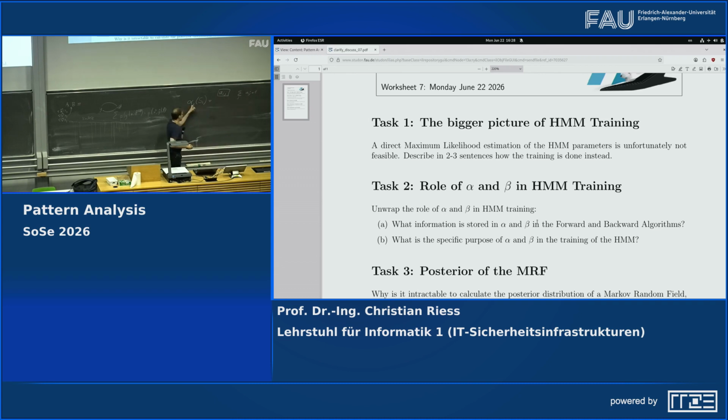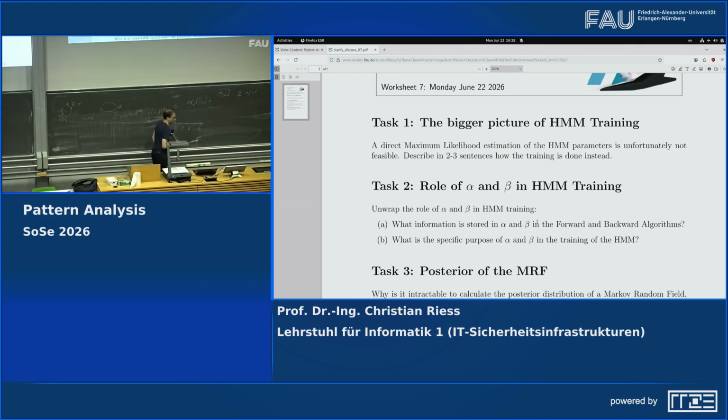No, but the alpha is the intermediate variable in the forward algorithm. So if you say this is my time, going from 1, 2, 3, and so on until time t, it's the sum of the probabilities of all paths.